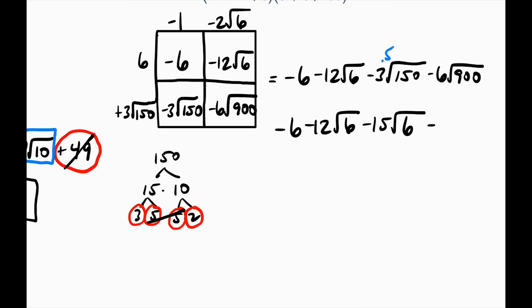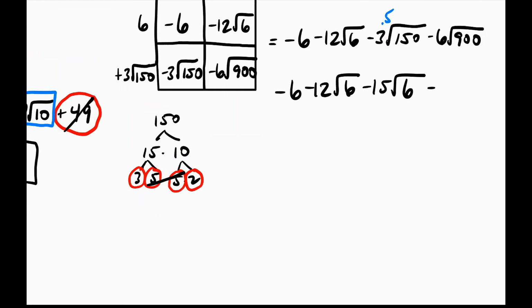Okay, I'm going to do the same thing with 900, but 900 is a special case. You'll see when you simplify 900. 900 makes 100 times 9, 10 times 10, 5 times 2, 5 times 2.